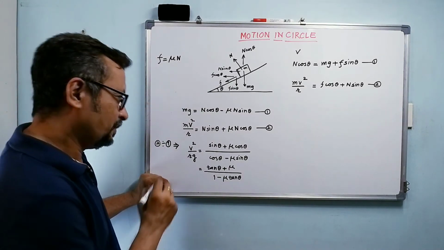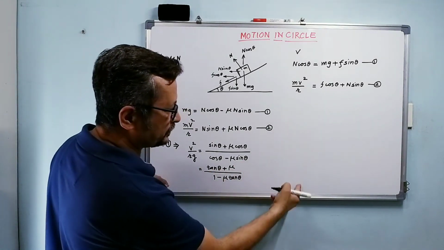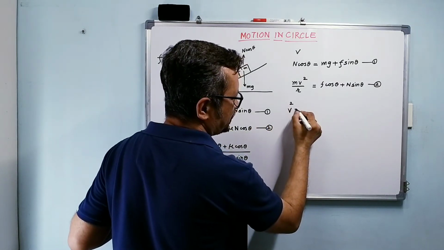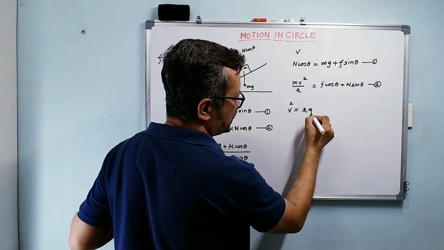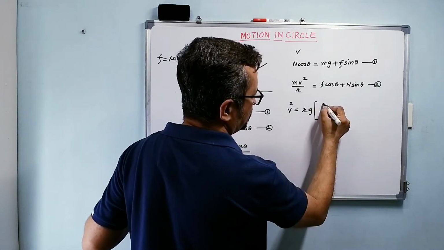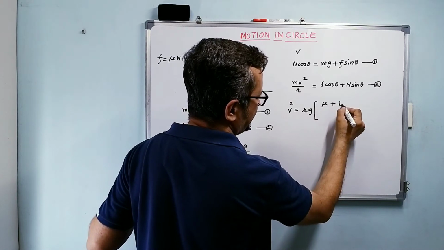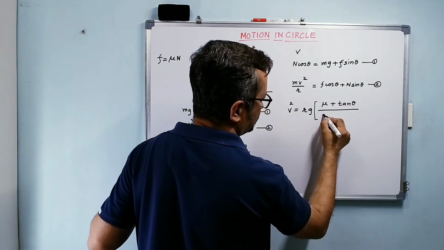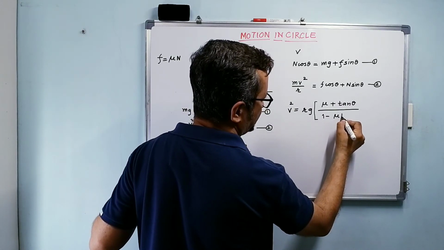Therefore my v square is equal to rg into mu plus tan theta upon 1 minus mu tan theta.